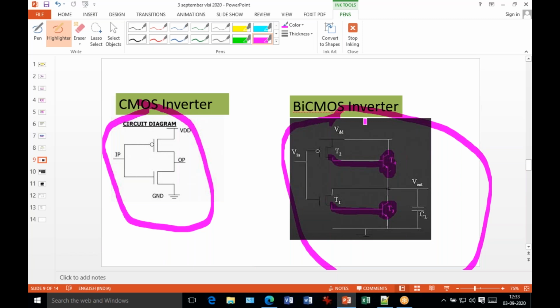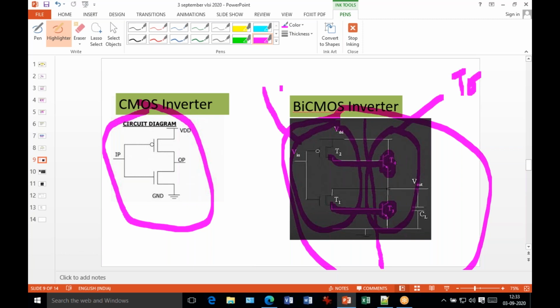This bipolar is one part, and this is the CMOS. On this side, you carefully observe, this is CMOS, and here are the transistors. Your bipolar transistor is on this side, and this side is the CMOS.